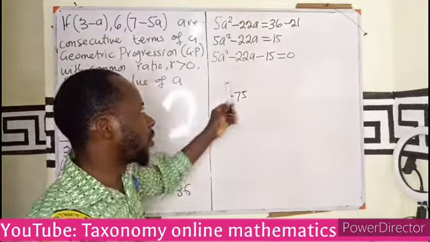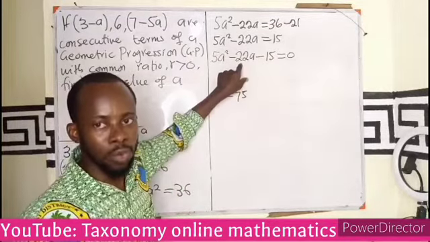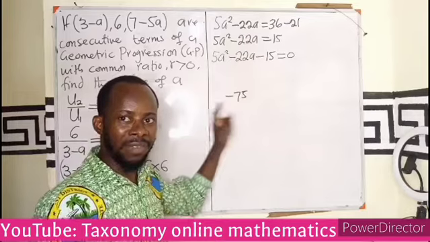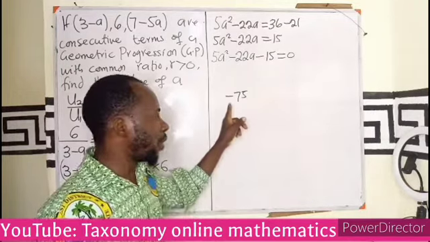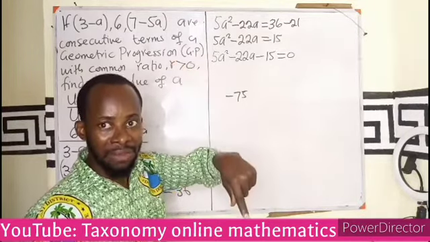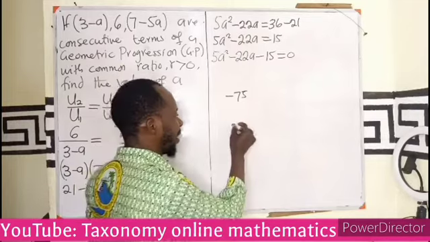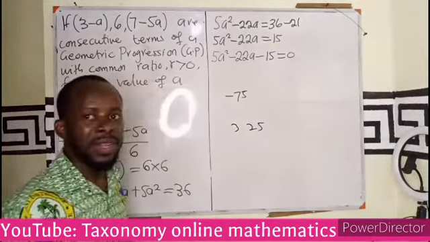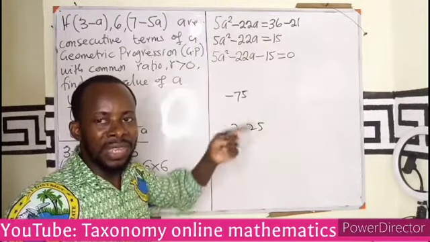So if we are listing the factors, we have to have the 22 in mind. I know the factors of this will be 3 and 25. If I make both negative, I get a negative 28.